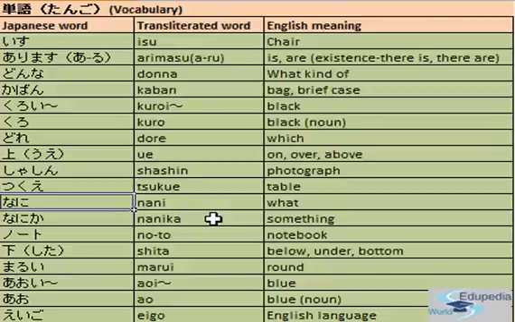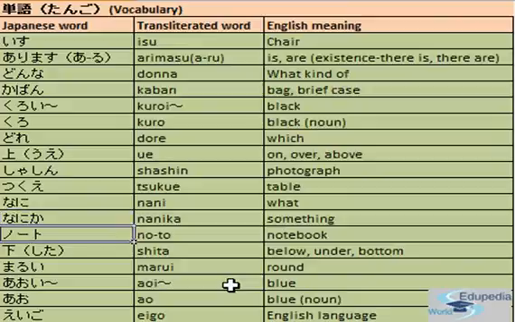The next word is nani. Nani meaning what. The next word is nanika. Nanika meaning something. The next word is noto.